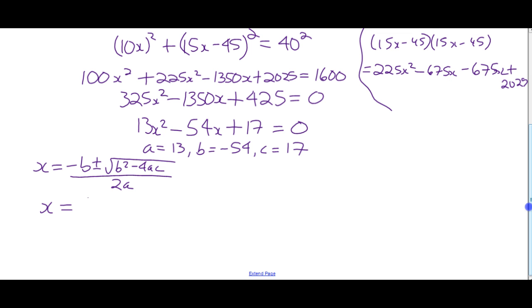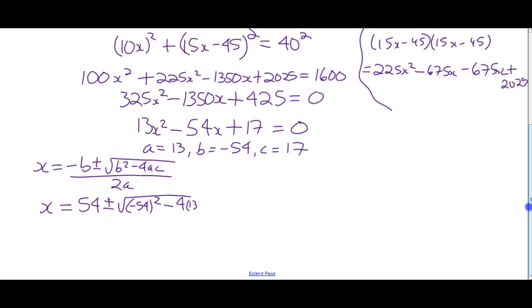Negative negative 54 is 54, plus or minus, a little bit too big, negative 54 in brackets squared, right? So you know by now, if you've done any quadratic formula stuff, this has to be a positive when you square it. Even if that's a negative to begin with, it'll be a positive. Minus 4 times 13 times 17.